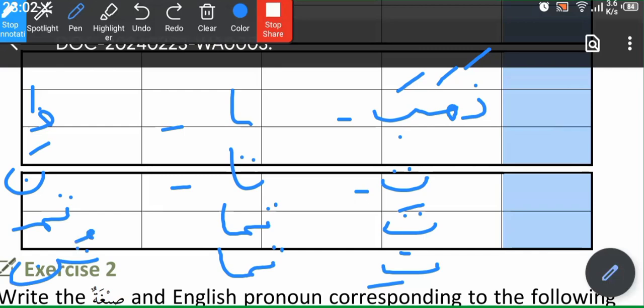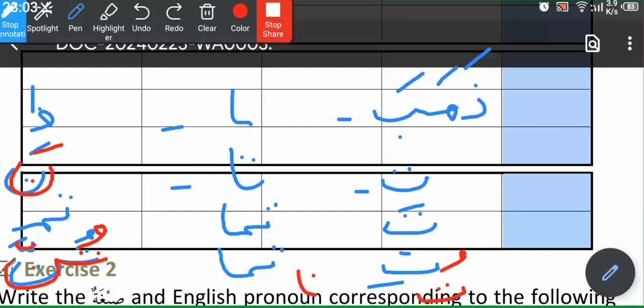You have to add the te, and the same, zahabtuma. The main problem, the main forgetting part is here: noon fatha na for jama muannas ghaib, and ta noon fatha tunna for jama muannas hazir. So we have these two. And then the last two are very easy, zahabtu and zahabna.